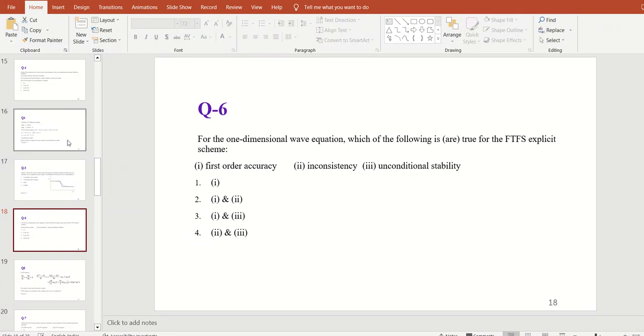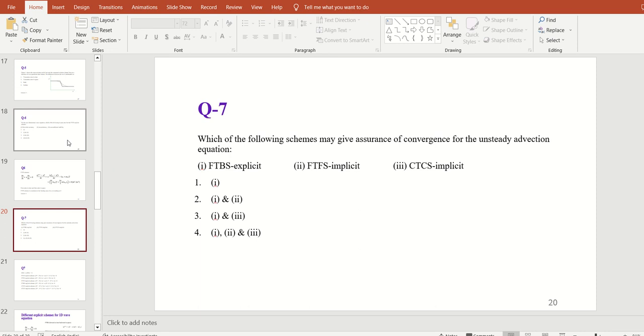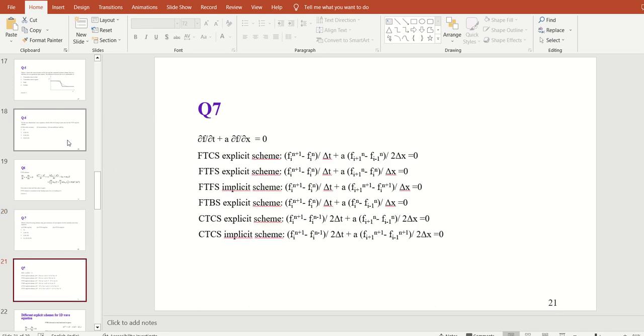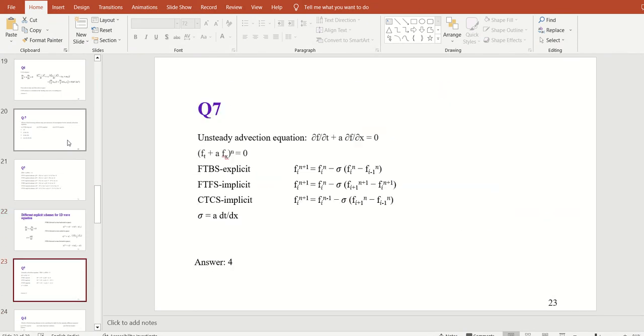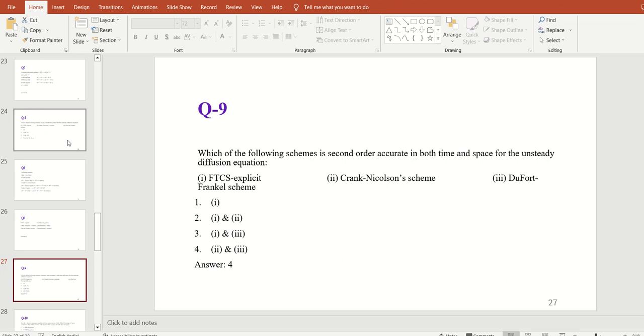We also covered truncation error, the order of accuracy for different schemes, and the convergence criteria, which can be analyzed using the von Neumann stability analysis.